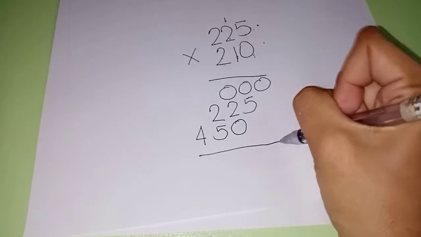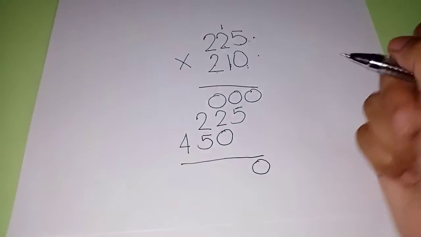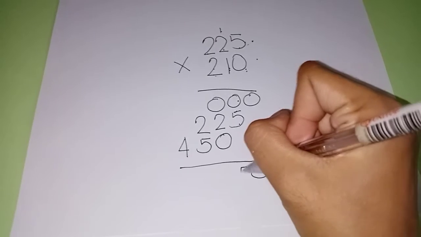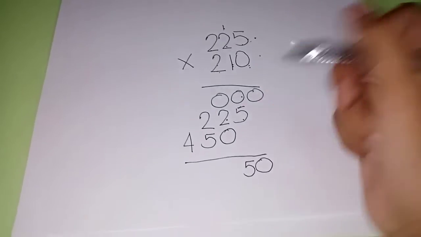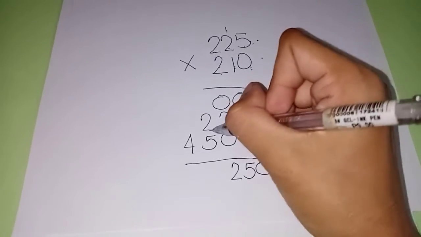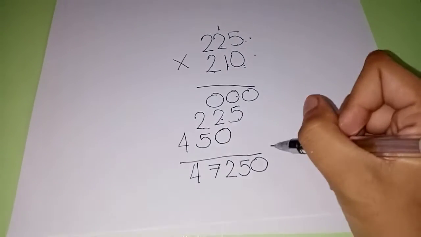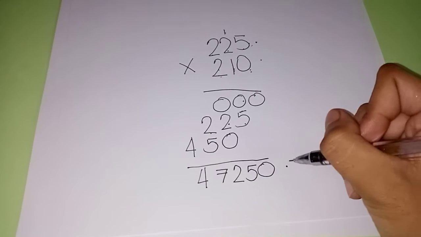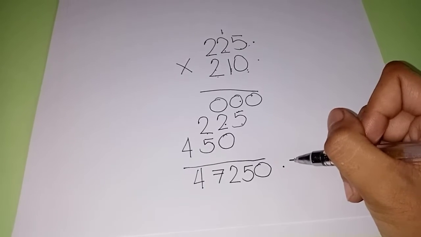Now we will add this one. 0, bring down 0. 0 plus 5 is equal to 5. 0 plus 2 is equal to 2, plus 0 is 2. 5 plus 2 is equal to 7 and bring down 4. So this is what we call the product. The result of multiplication is called product.